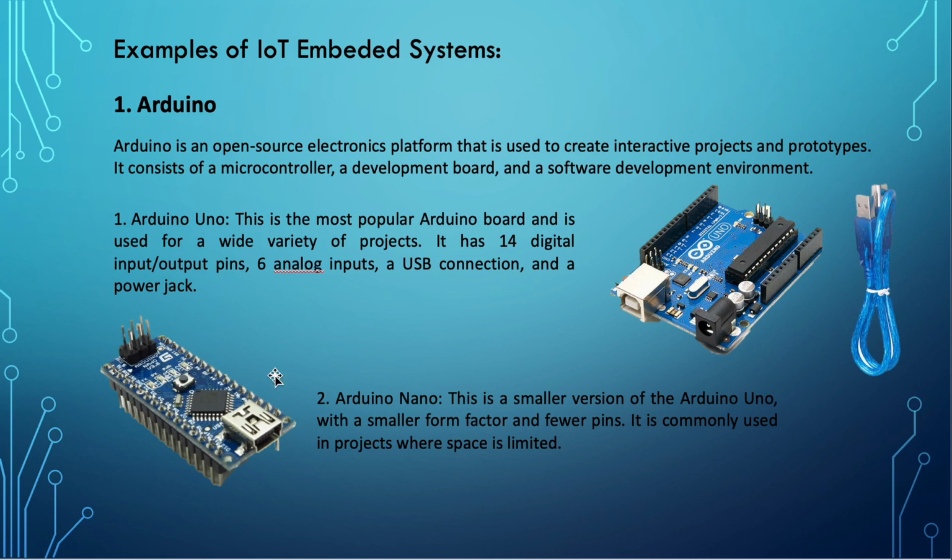Normally 5 volts will be the input, similar to charging a smartphone, right? So here we can see that there is a micro USB, which is there to connect to the PC, right?